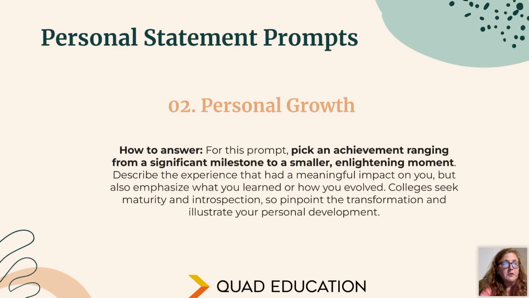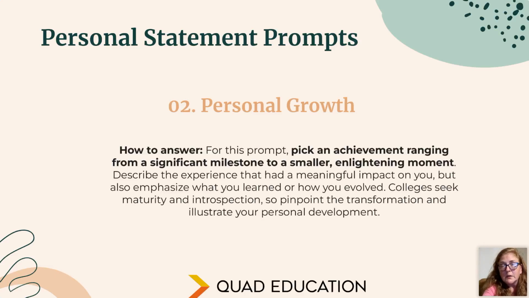The next prompt that you might consider, the second one, is talking about personal growth. For this prompt, if you're interested here, we would advise that you choose something that's maybe a significant milestone, or it can be a smaller realization that you had along the way, but something that had a profound impact on you and caused you to grow or evolve in a certain direction.